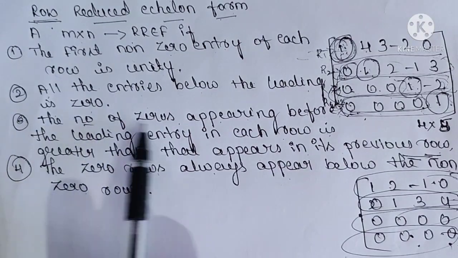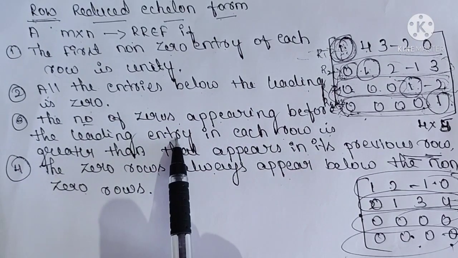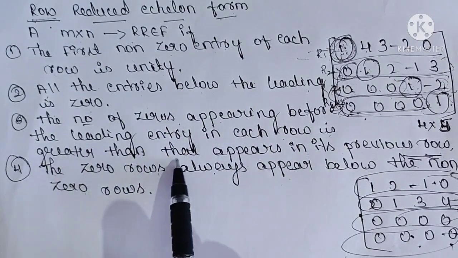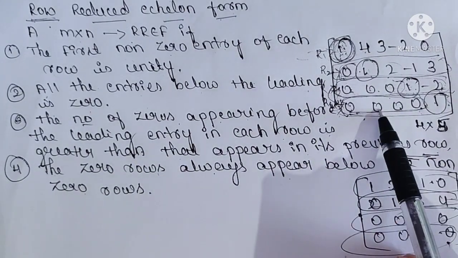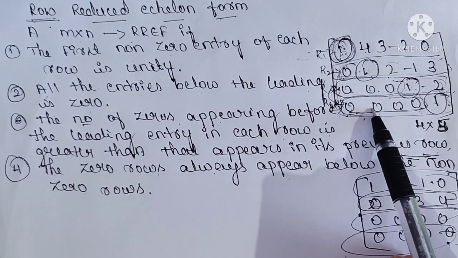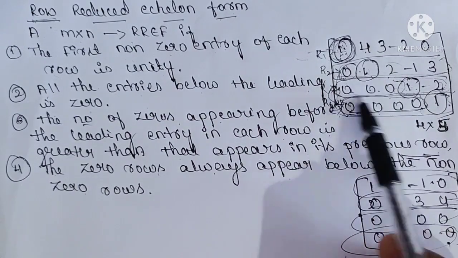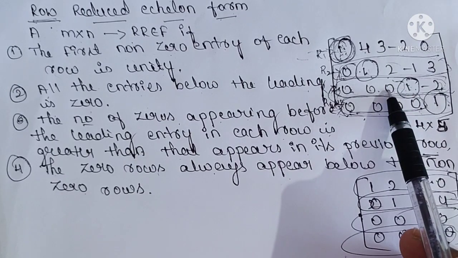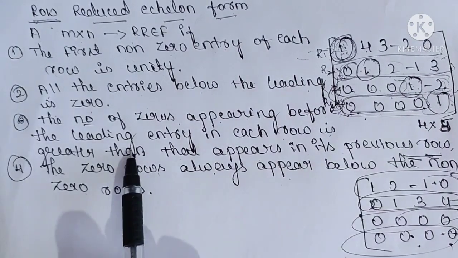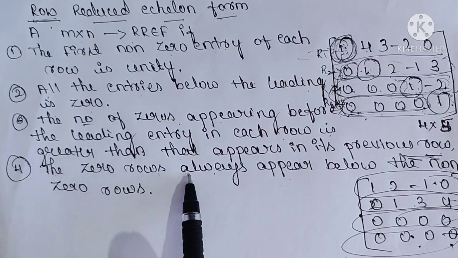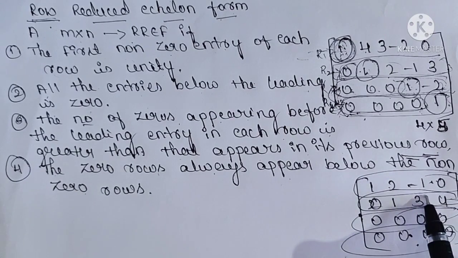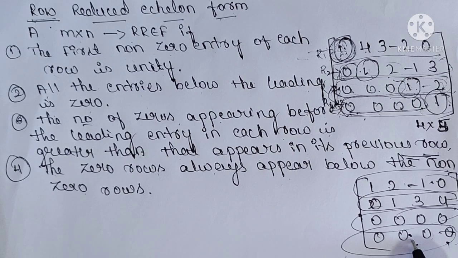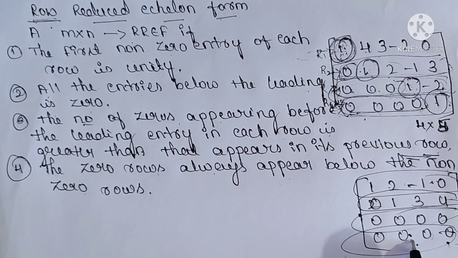Third point: the number of zeros appearing before the leading entry in each row is greater than that in its previous row. That means if you compare R3 and R4, R4 contains more zeros. If you compare R2 and R3, R3 contains more zeros than R2. Fourth point: the zero rows always appear below the non-zero rows. Always zero rows will appear below the non-zero rows. This is the definition of row reduced echelon form.